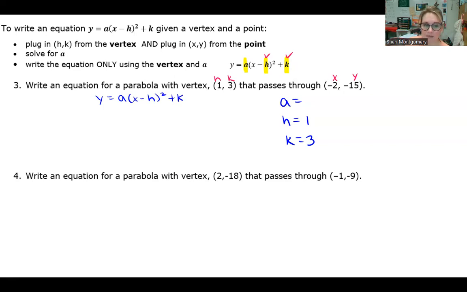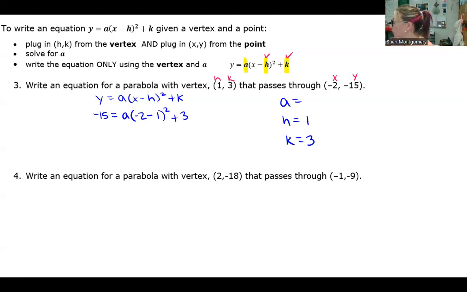What is Y? Negative 15, so I put that here. We don't know A, we're solving for it. What's X? Negative 2, and I have to put the minus. What is H? 1, and it's squared. What is K? 3. Any questions on what I just did there?